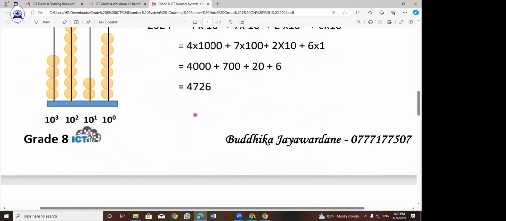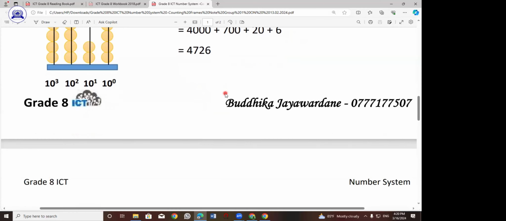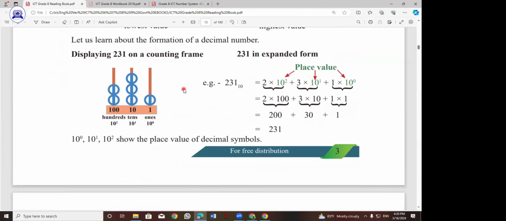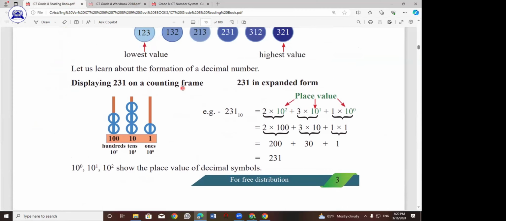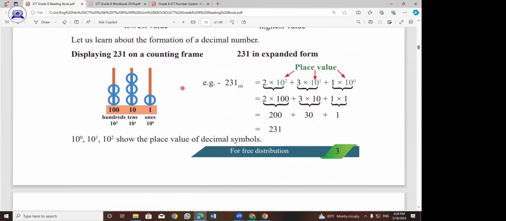Then you are getting 4726. Okay, so this is the way we expand the value. In your book, they have given this expansion too. This is the way we expand in the counting frame.